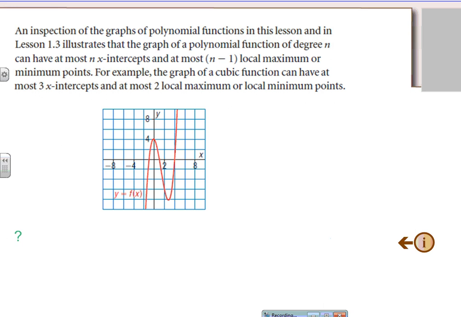So what we're talking about here is it can have at most n intercepts if it's a degree of n, and at most one less local max or min points. So cubic, the most it can have is 3 x-intercepts and 2 max or min points.